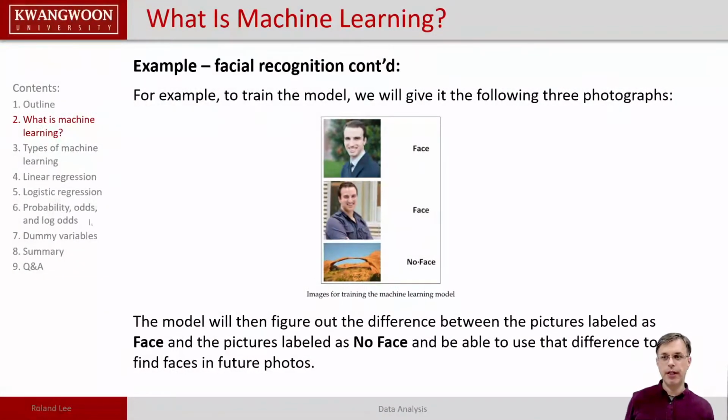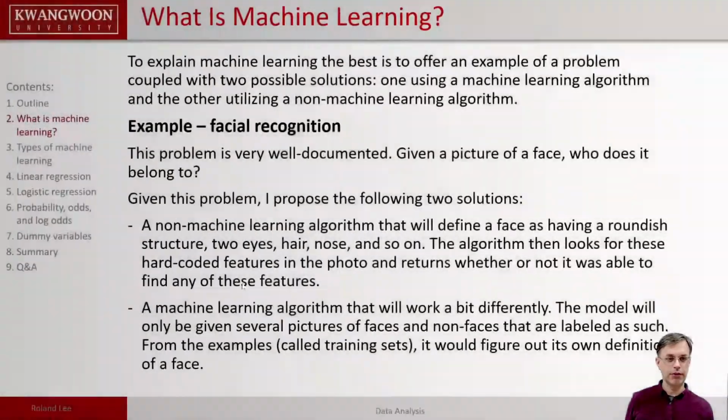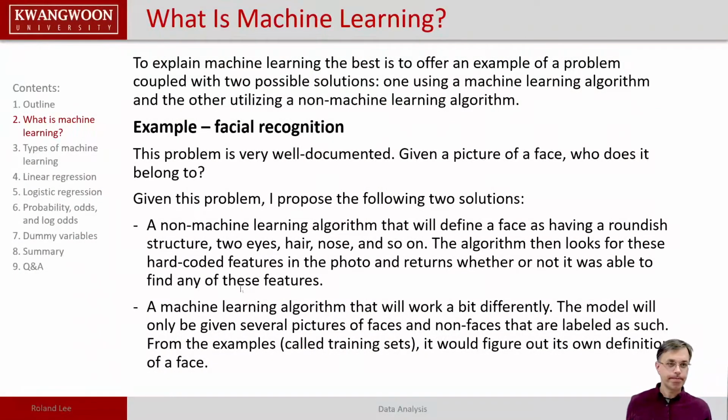So, an example is facial recognition, as you see here. This problem by itself is well documented. Given a picture of a face, whose face does it belong to?